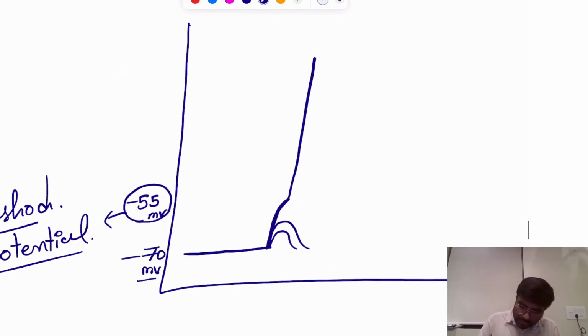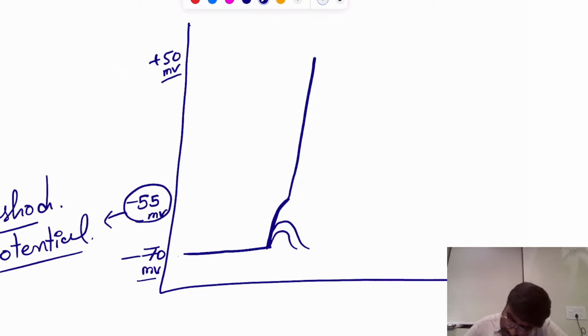Now it's becoming plus 50 millivolts. The cell is getting depolarized. From resting membrane potential you have gone to threshold potential, and then to depolarization. Inside the cell, a lot of sodium came in.